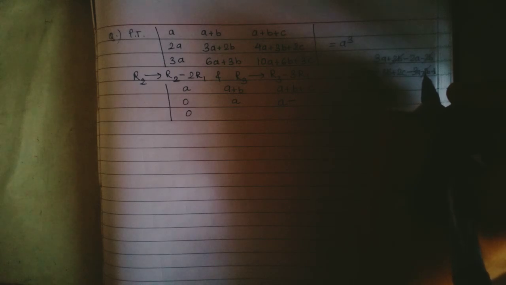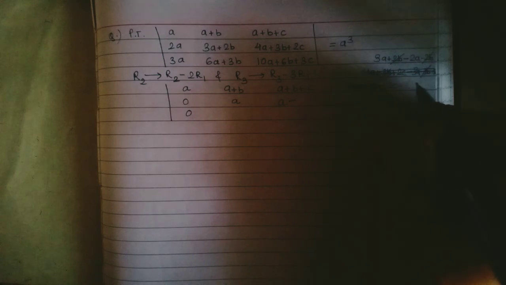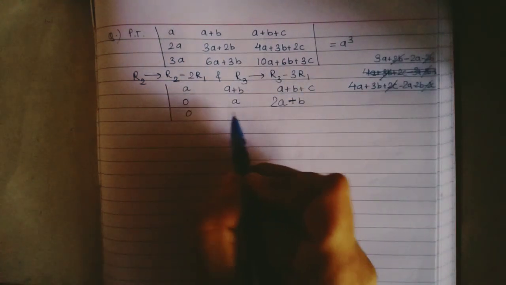This is 3R1, right? So okay, here you have to take 2, sorry. 4A plus 3B plus 2C minus 2A minus 2B minus 2C. 2C cancels. 4A minus 2A is 2A, and 3B minus 2B is B. Now you have to take 3.